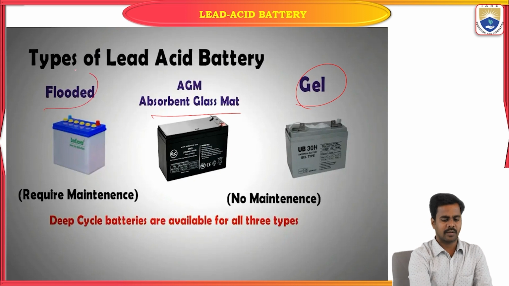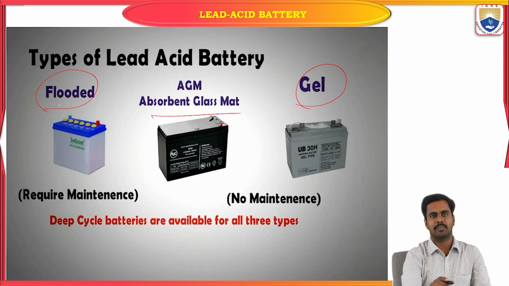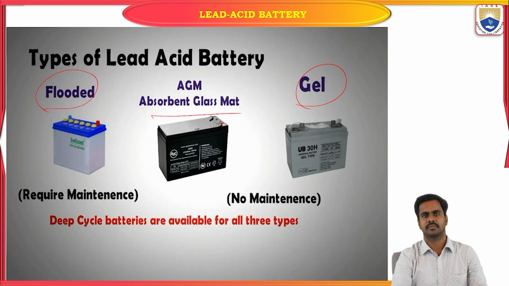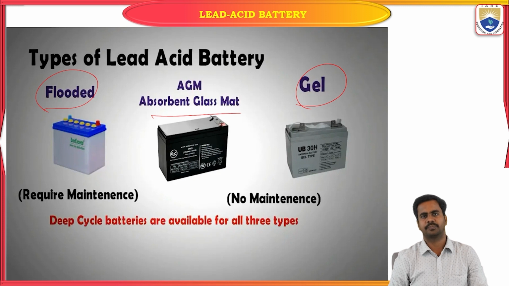And the flooded battery requires some maintenance. So from time to time, we have to change the water in the case of the first type of battery, that is the flooded battery. So these are the three types of batteries.